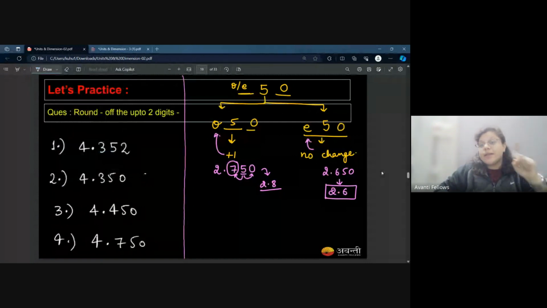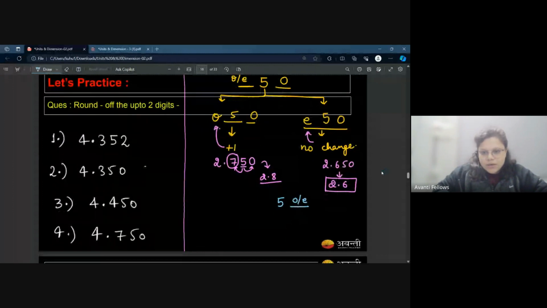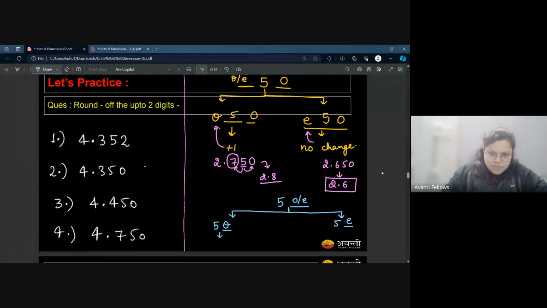Now, second scenario. What if I have an odd or even digit over here, right? In this situation, you can have two scenarios again, either 5 and odd, or 5 and even, right? If you have this case, then please make no change. And if you have this, add 1. Is that okay?